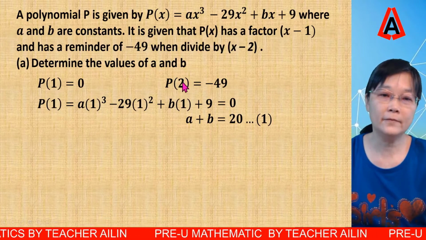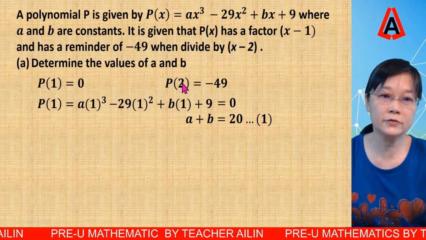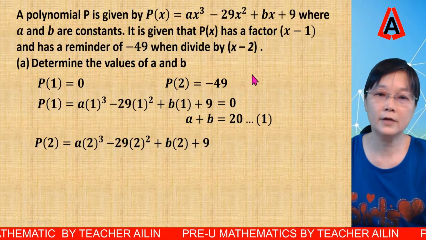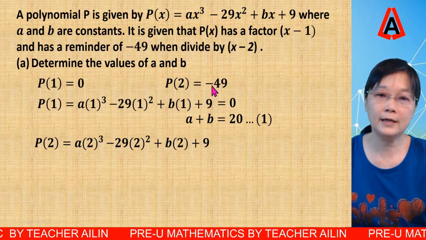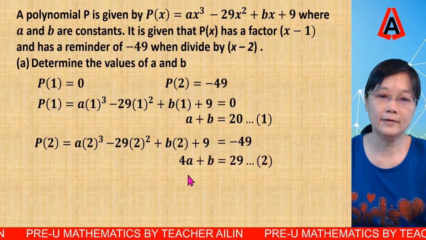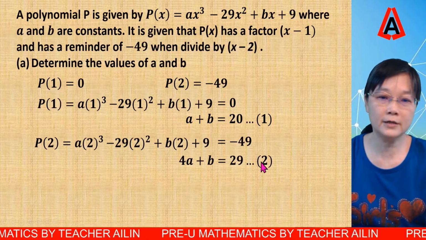For the second information, now I'm going to substitute x with 2 into the polynomial. So after substituting x with 2, I should get -49. And when I simplify, I get another linear equation. So now I have two linear equations.